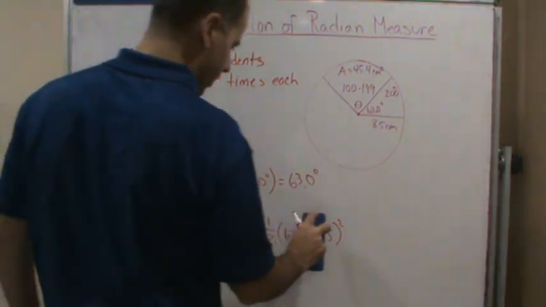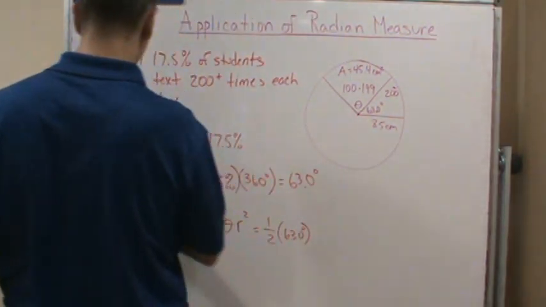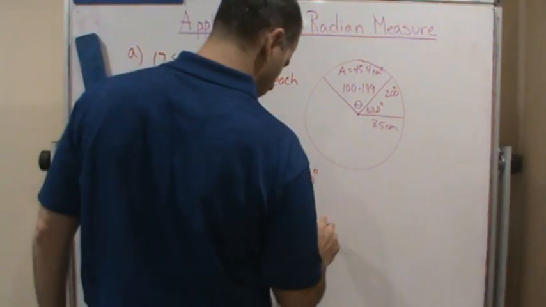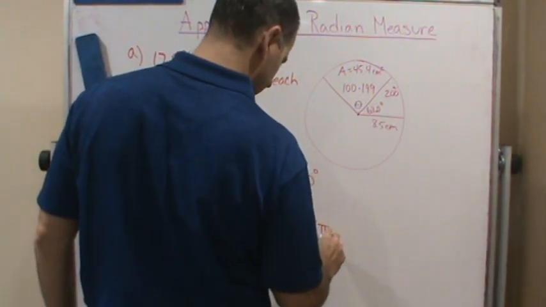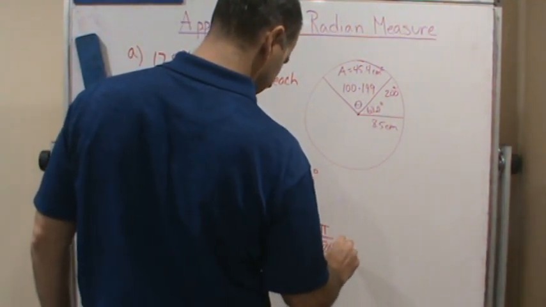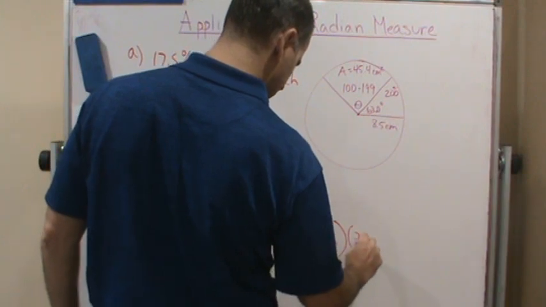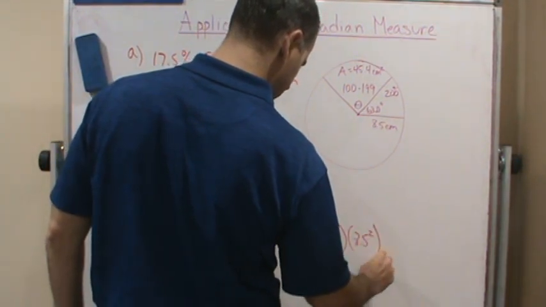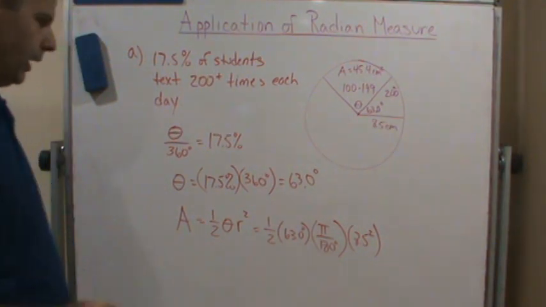And how do we change from degrees to radians? Well, we multiply by pi over 180 degrees, and then times 8.5 squared.